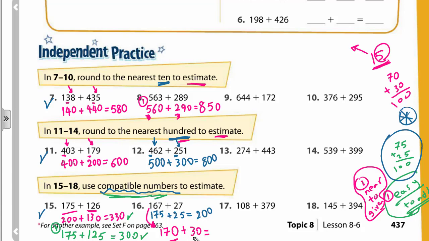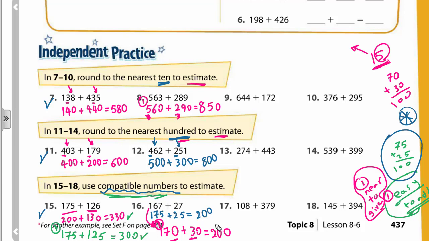Now 70 plus 30 is 100, right? Right. So how many zeros and carry up 1? You want to do it digit by digit? 0. And 7 plus 3 is 10. 0 and carry up 1. 1 plus 1, 1 plus 2.